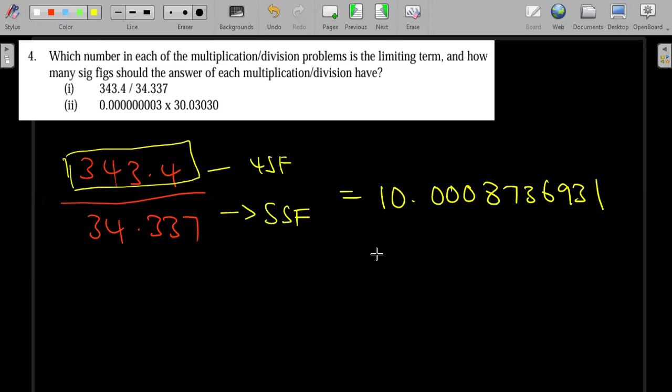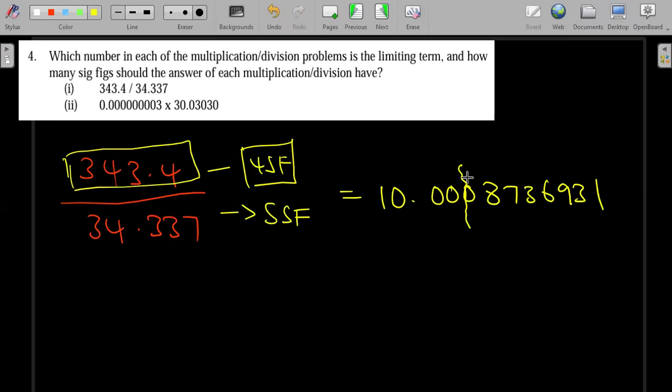This is the exact number I'm seeing on my calculator. From there, we have to make this number have 4 significant figures. How can we do that? We're just going to round off. If I round off from there, will it be 4? No, it's going to be 5. So we have to round off from here.